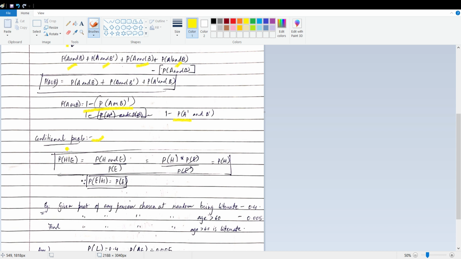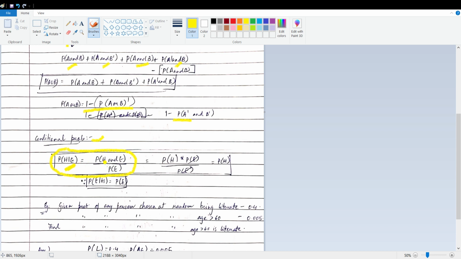This is the relationship between conditional probability and joint probability. Now this right here is called conditional probability. That is how you denote it. H occurs after E, as in we are trying to find out the probability that H occurs given that E has already occurred.